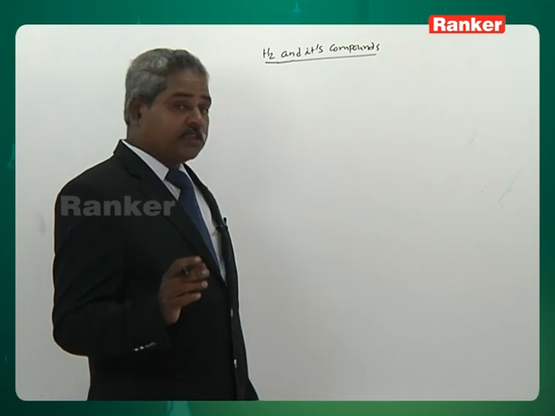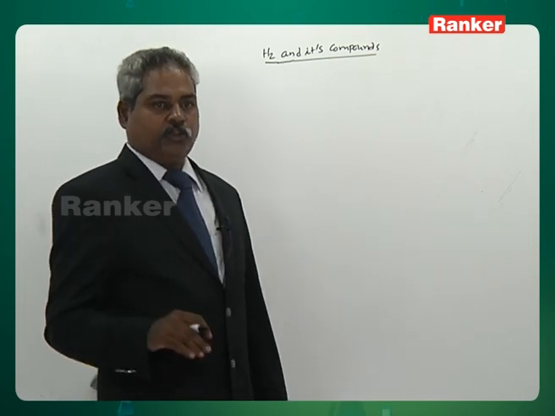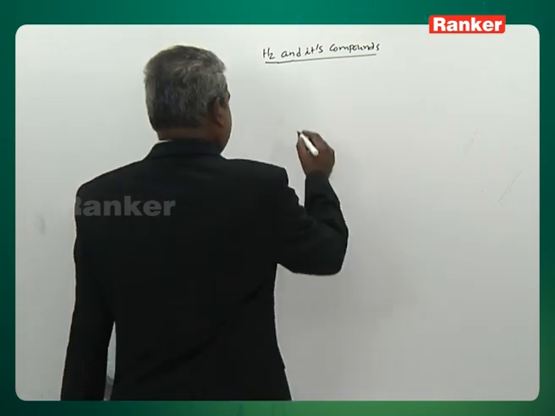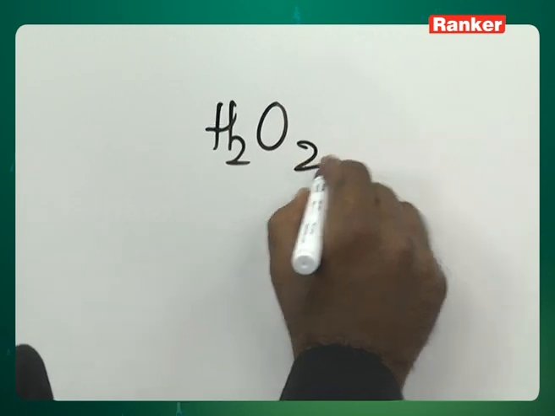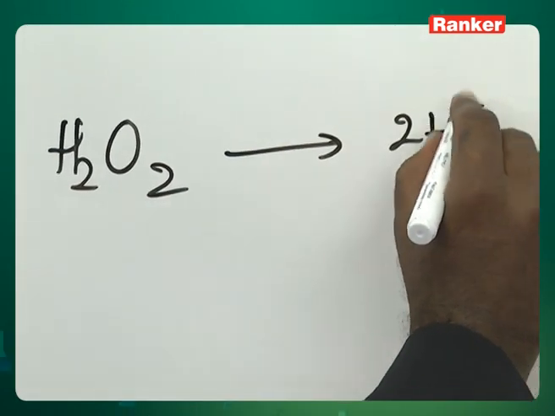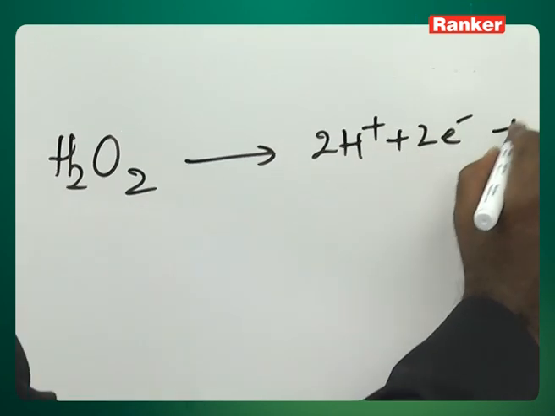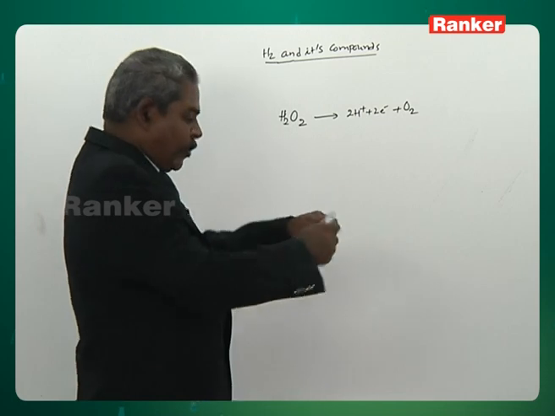So in some reactions, H2O2 can even take oxygens also. What happens? H2O2 by taking an oxygen. So this is precisely what is H2O2: 2 protons plus 2 electrons plus O2. Look here. What happened? The 2 hydrogens are broken.